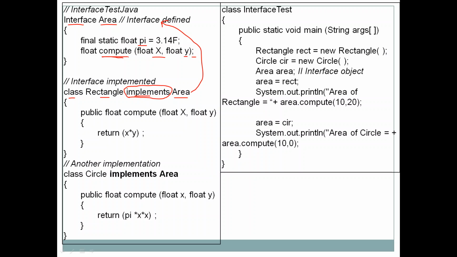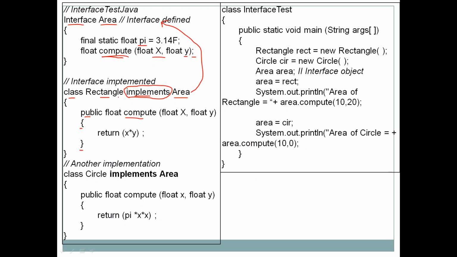The method is compute, and that is the reason rectangle class is overriding, or redefining, the method compute. So public float compute x comma y, and here we have a body for the method.